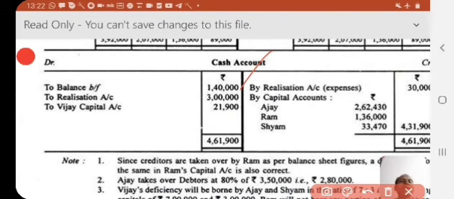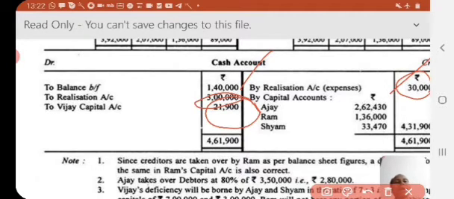So 1,40,000 is the starting balance, 30,000 is the expenses paid, 3 lakhs is received by selling the fixed assets, and this is collected from Vijay's estate.